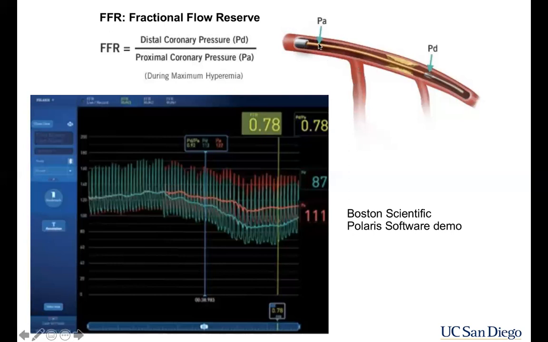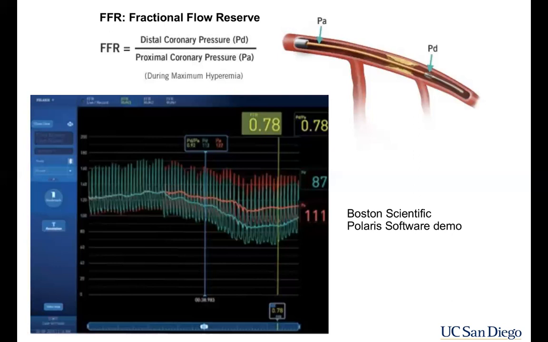You insert a catheter into the coronary artery that has the lesion, and you can measure the pressure proximal to the lesion, on the side that's towards the aorta, and then go beyond the lesion and measure the pressure that is distal to the lesion.